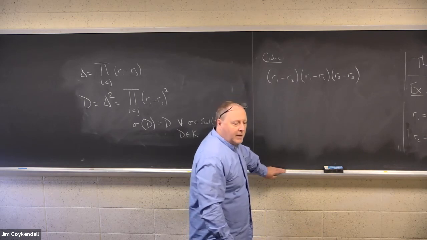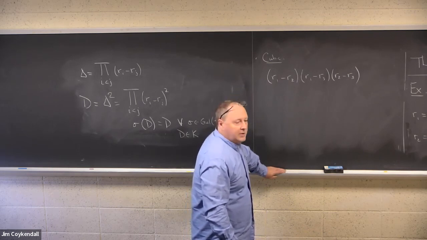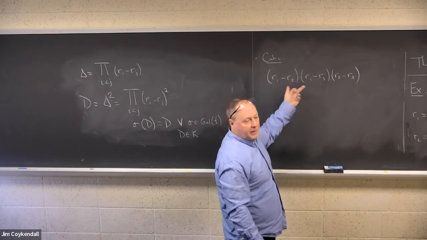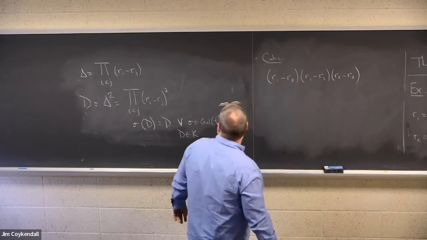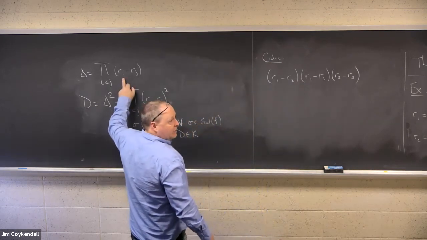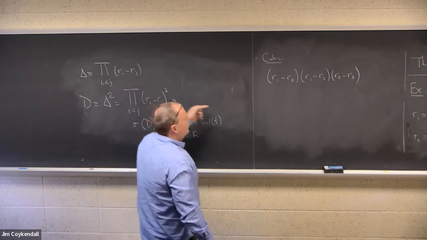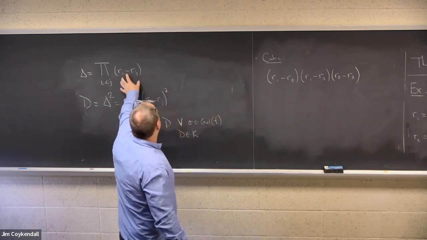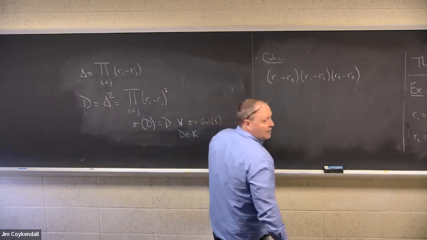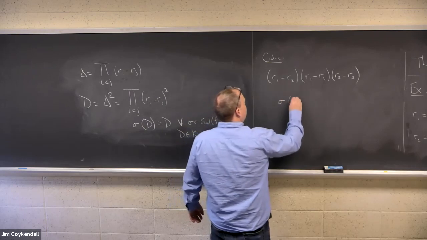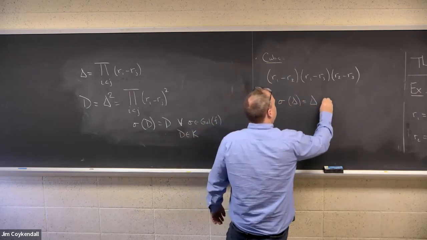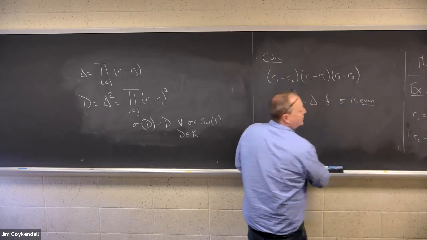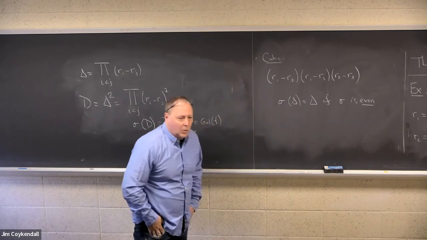Remember, what it means to be in A_n is that the permutation is even, which means that you're flipping an even number of these, right? Which means that in the case that it's an even permutation, you preserve the sign. And so if you apply an even permutation sigma to delta, it is preserved, and that's essentially why this works.